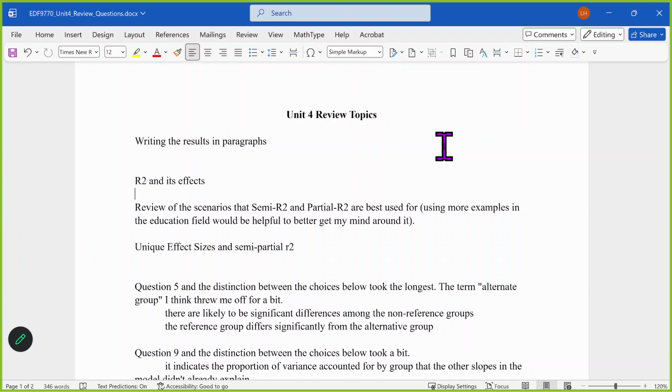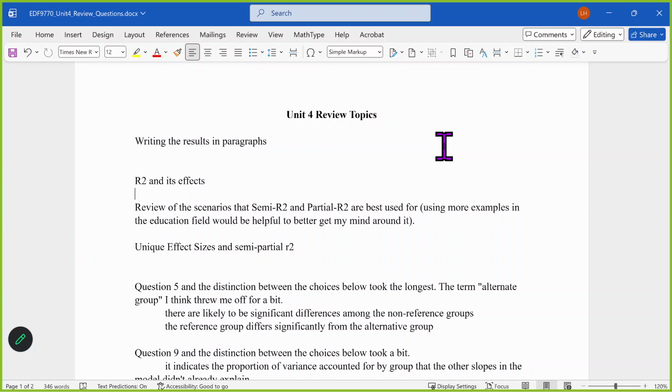Unique effect sizes is the partial family, in the sense of if you want to get an effect size for a slope, you can convert that t test statistic for the slope into a d or a partial r. You can also convert it into a semi-partial r if you have the model R square with you. But the way that people often want to talk about slopes is what this variable brings to the prediction above and beyond all the others.